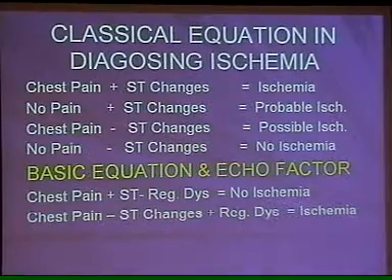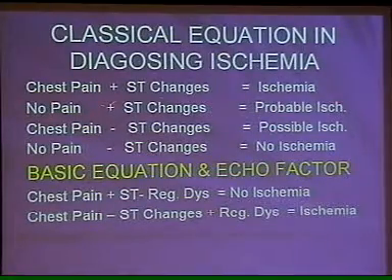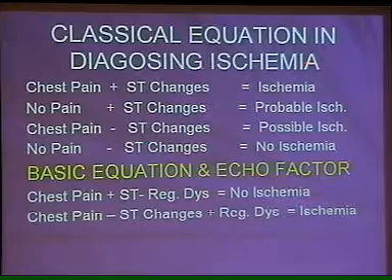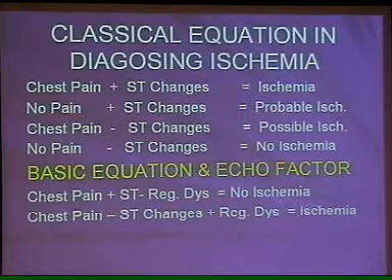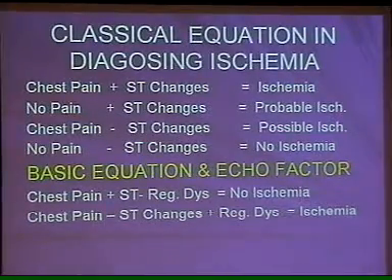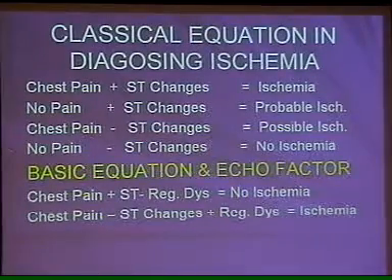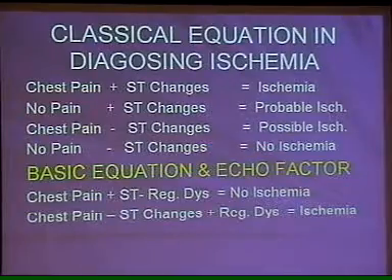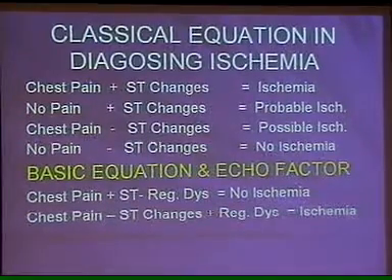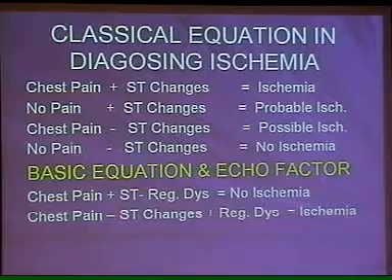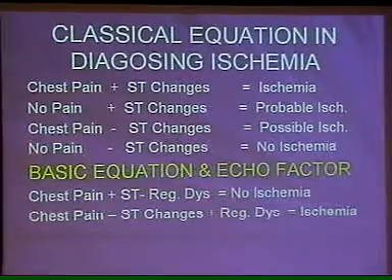Previously, the diagnosis of ischemia was: chest pain, STT changes, and there was ischemia. Or there was no pain, STT changes, probable ischemia. Chest pain minus STT changes, possible ischemia. No chest pain, no STT changes, no ischemia. But since the echo factor has come into this place, it has changed all these equations.